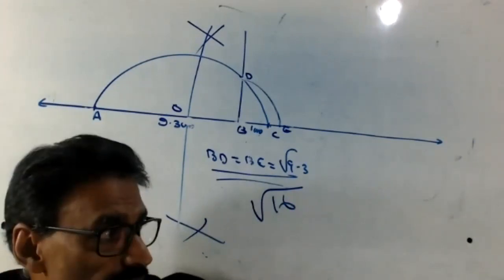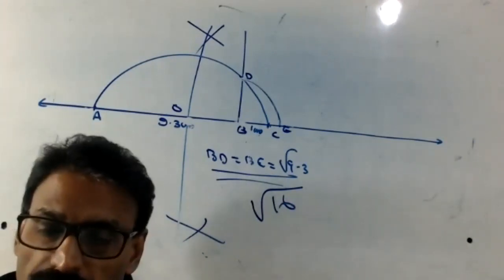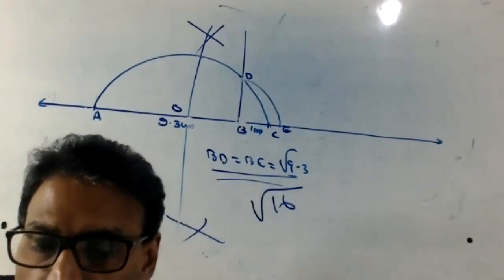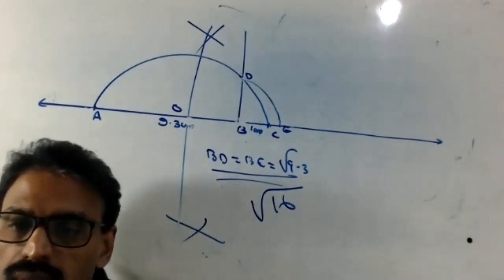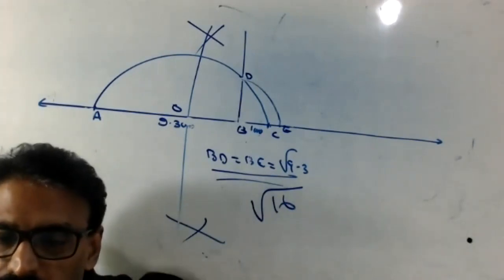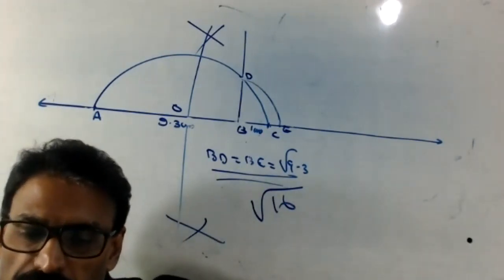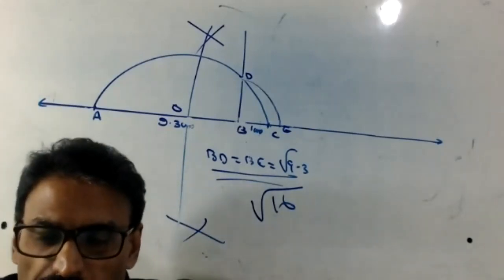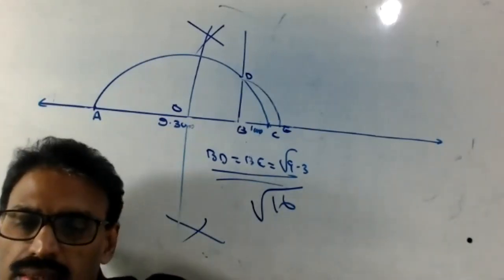Those not getting exactly 4, tell me, I'll tell you. Anyone have issues, other than those who got 3.5, 3.8, 3.9? Okay, 3.9? Okay. 4.1?